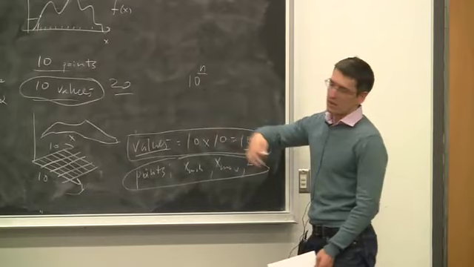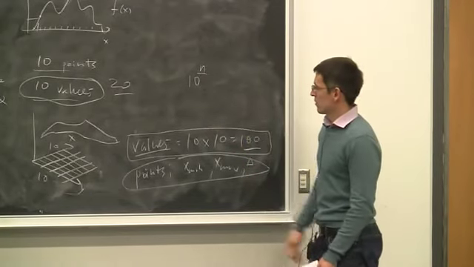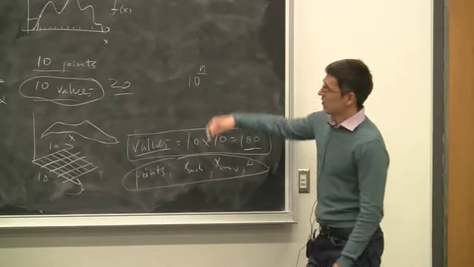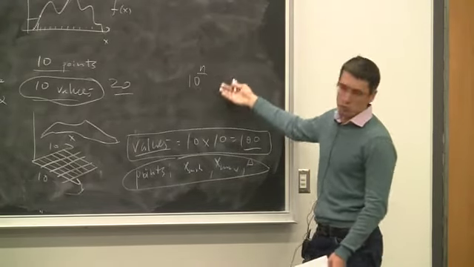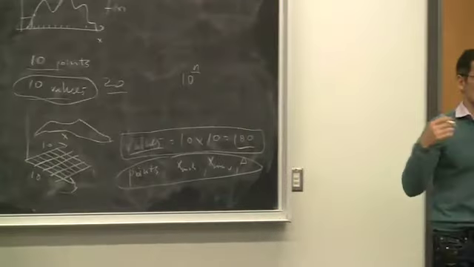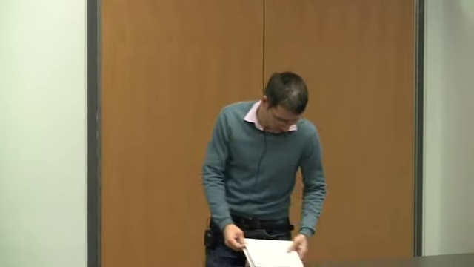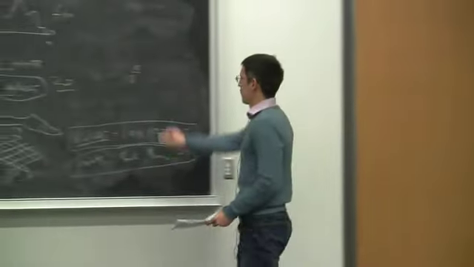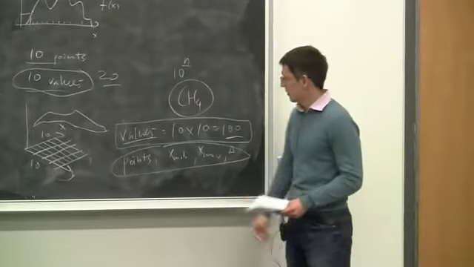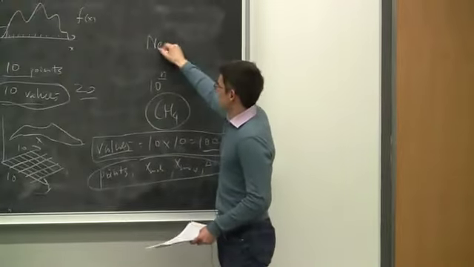So if you want a more accurate representation, you may put 100 points, but if you put 100 points in one dimension, then it will be 100 times 100, 10,000 in two dimensions. Now imagine going to 3 dimensions, 4, and so on. A very simple example: say we consider methane. What is the number of electrons in methane?